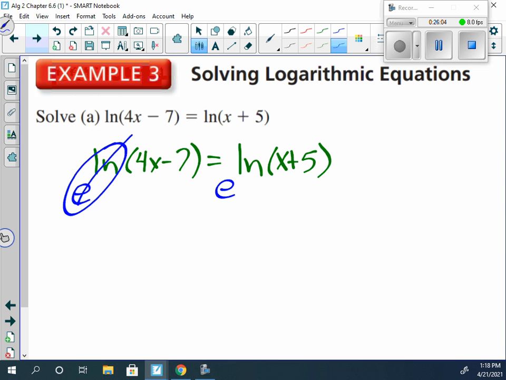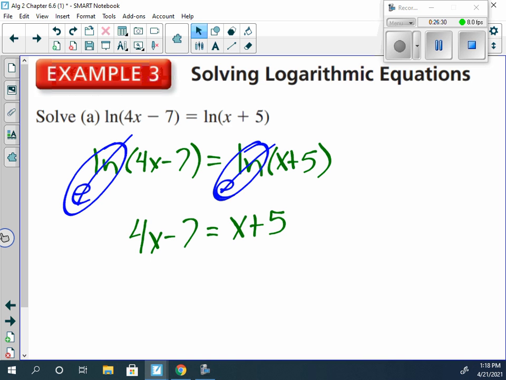So these here will simplify out, really leaving us with 4x minus 7 is equal to x plus 5, which is our property of equality of logarithms, is what it tells us here. Now we don't have to use that e step here because we know the logarithms are already the same. We can just go on and set them equal.